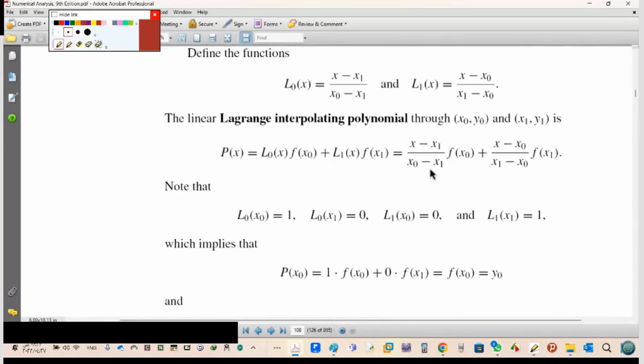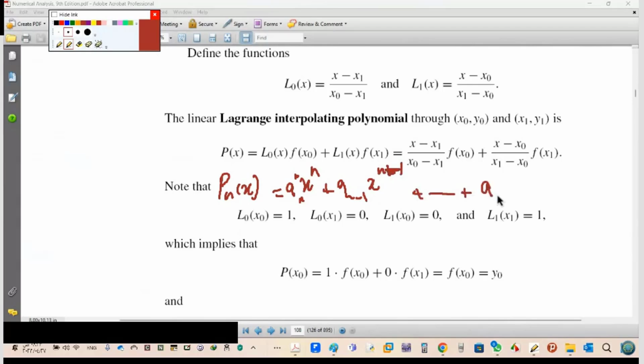In Lagrange, as I said before, we have Pn(x) equals an x^n plus a(n-1) x^(n-1) plus ... plus a1 x plus a0. This is the formula.